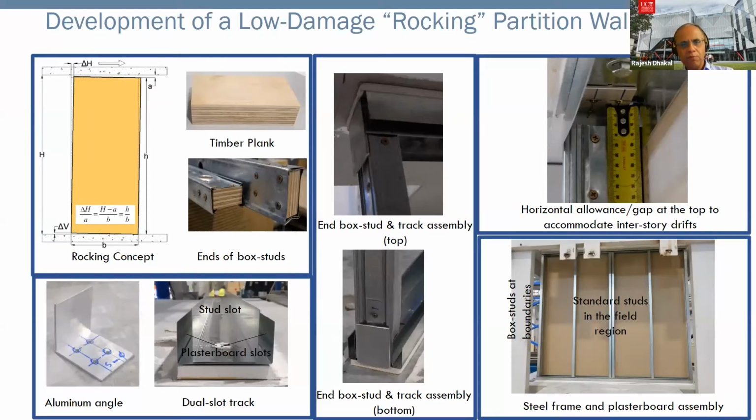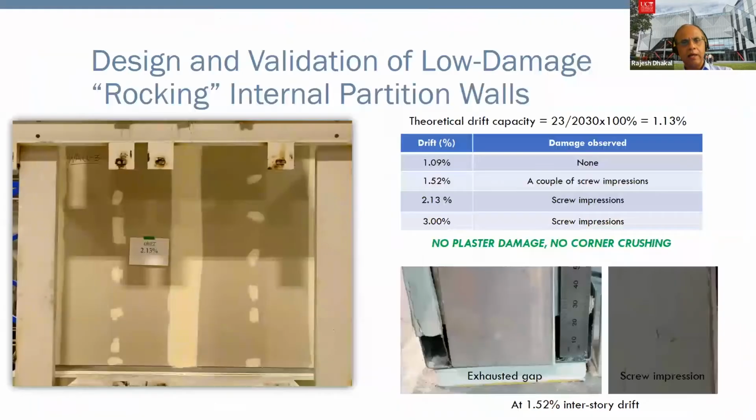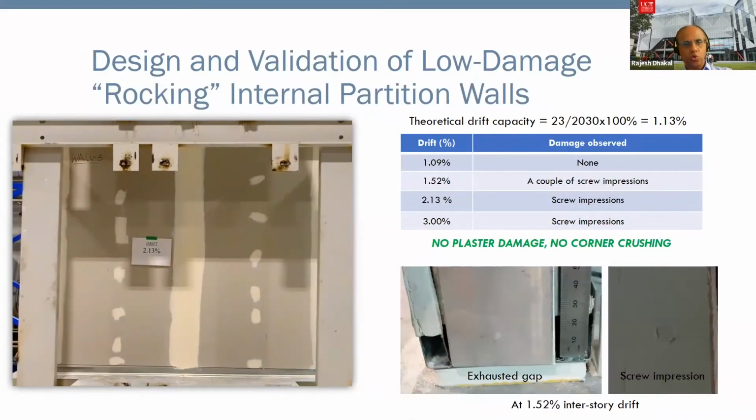So we had to improvise a few things like packing the steel stud with a small timber plank near the end, so that there is some stability of that steel stud when it rocks, and applying an aluminum angle to pull the whole wall while it is rocking. So all those things were applied, and finally we came up with a solution that does work quite well.